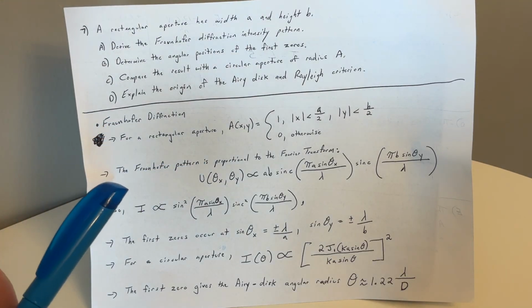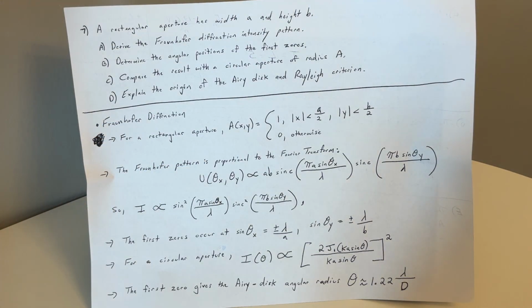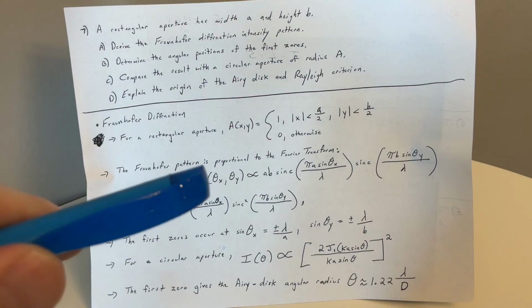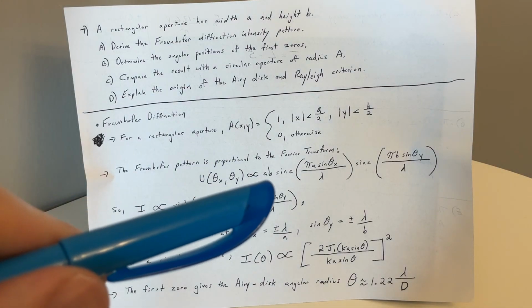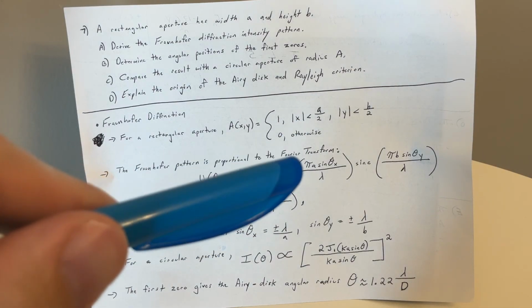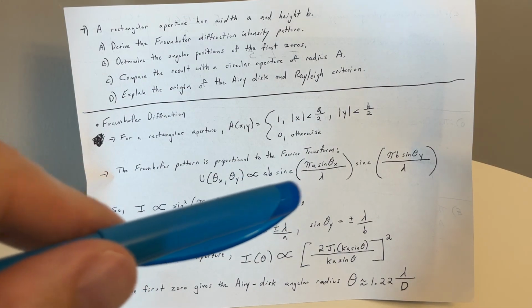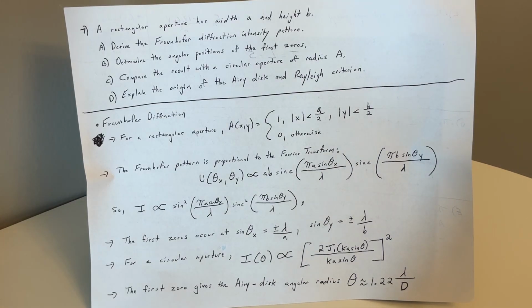Okay, here the Fraunhofer pattern is proportional to the Fourier transform, so u of theta sub x, theta sub y is proportional to ab sinc of pi a sine theta sub x over lambda, sinc of pi b sine theta sub y over lambda.